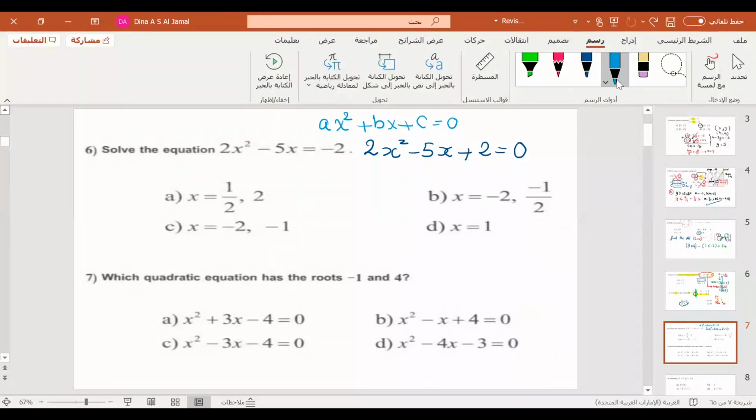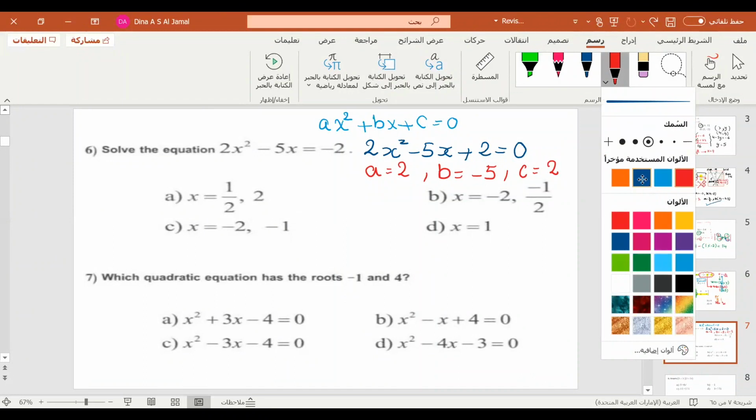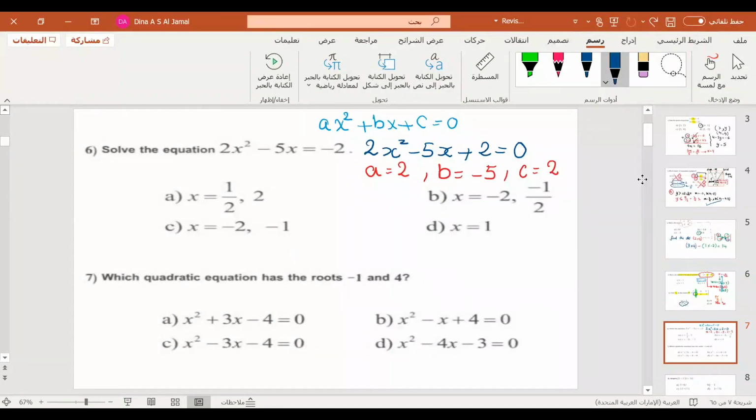So here you can specify your a is 2, your b is minus 5, your c is 2. So another third way could be the quadratic formula. So now you are having whether the factorization method, the calculator method, or the quadratic formula.